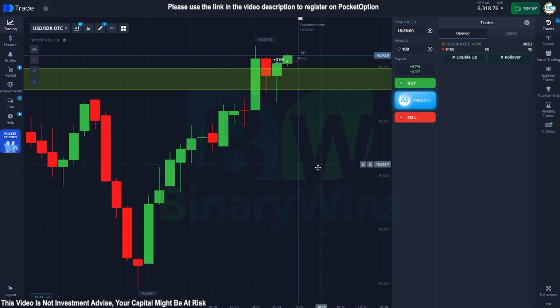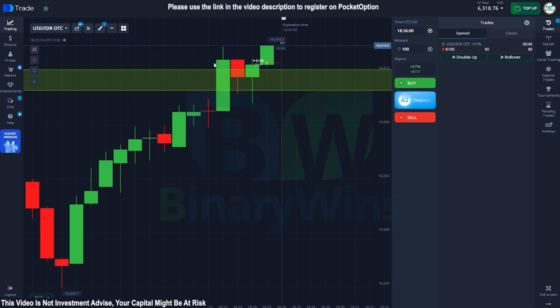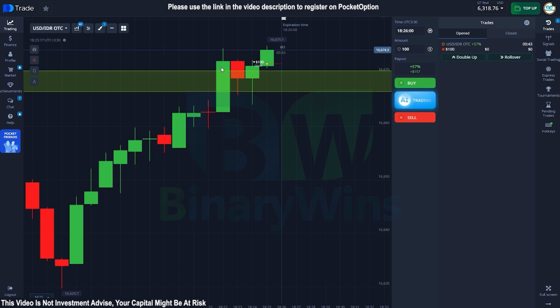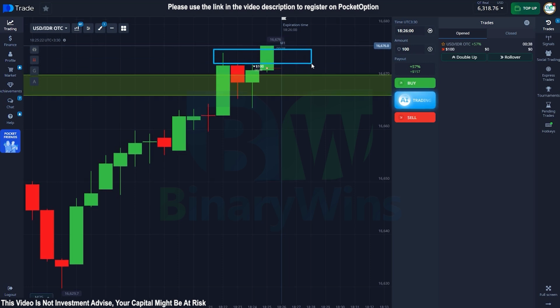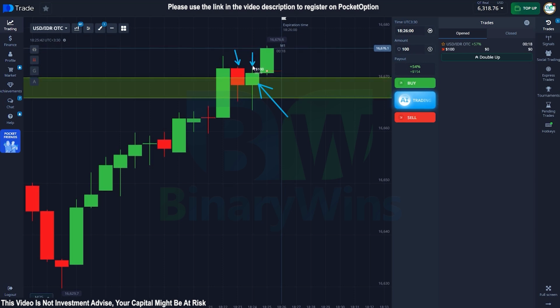I entered the lower trade for what reason? As I said, we probably have a fake breakout. If you look, we have a range and a level here. After the red candle, another weak green candle was made for me. Right? And it got rejected by my level.